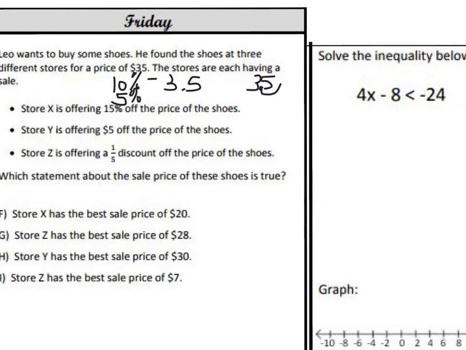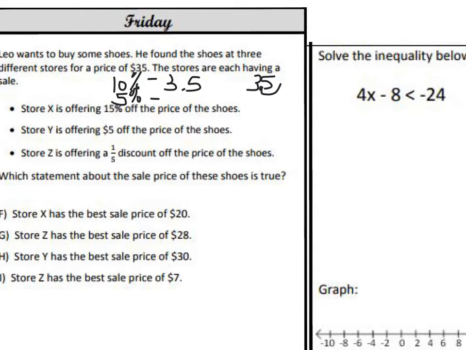And how can we do 5%? Can we just take half of 3.50? Wouldn't that be 5%? So then what would be half of 3.50? So let's look at it this way. What's half of 3? 1.5.